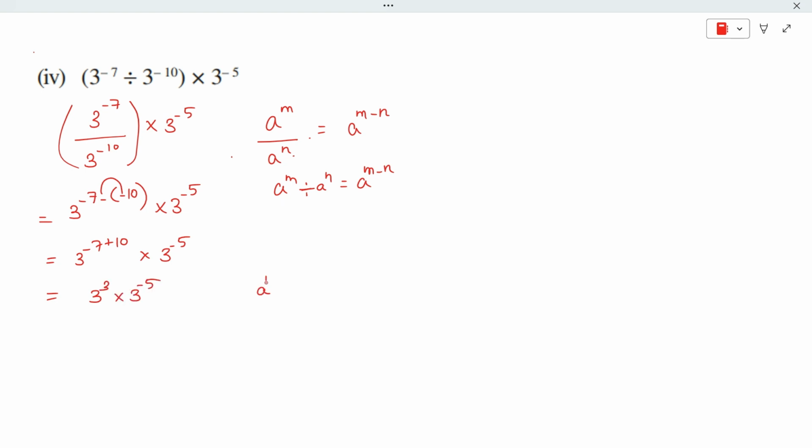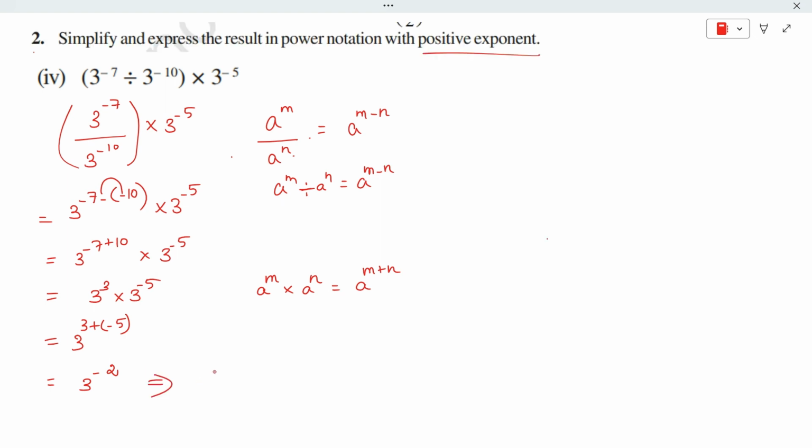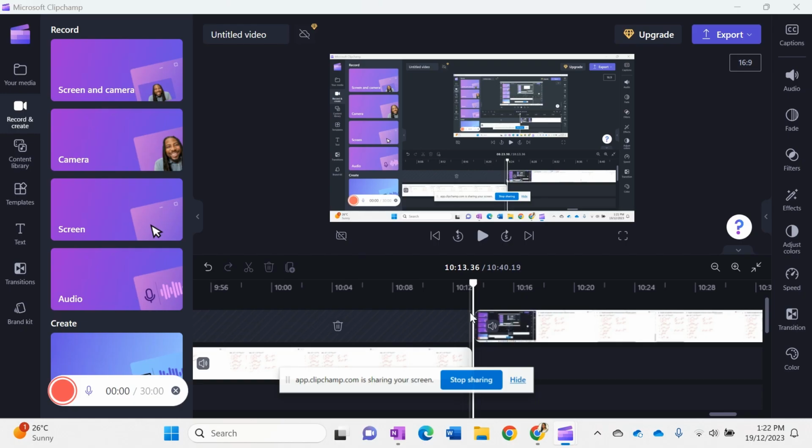Now you can use the product law when the bases are the same. a power m into a power n is equal to a power m plus n. So it is 3 power 3 plus minus 5, that is 3 power minus 2. And always I have to express in terms of positive exponent. So I am changing this to 1 by 3 power 2. As you know, a power minus m is equal to 1 by a power m. So this is your answer.